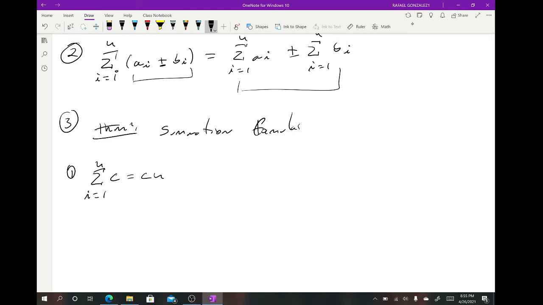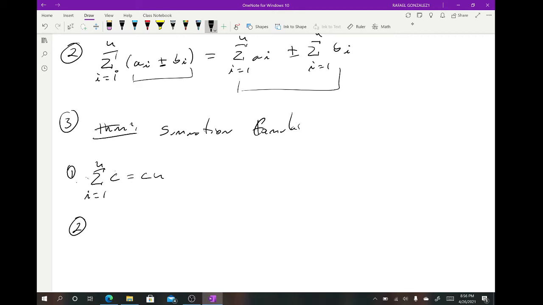And again, that goes back to the constant multiple rule. If you first factor out that c, then you have just a sum of 1s, and it turns out that you're just adding this once and many times. So you just get c times n, whatever n is.